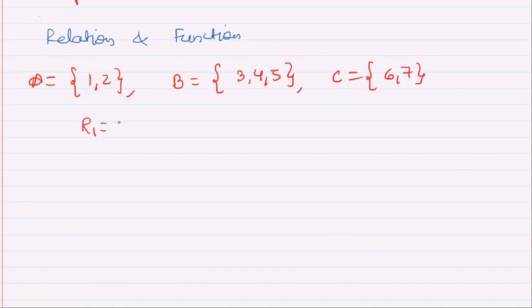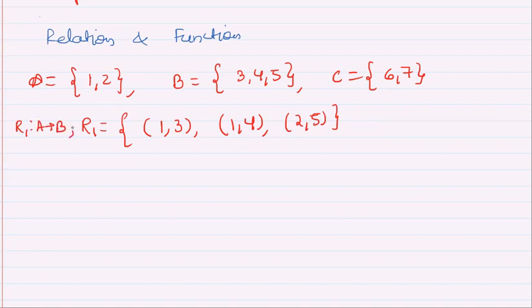The relation R1 is {(1,3), (1,4), (2,5)}, so R1 is from A to B, and then R2 is from A to C. It is defined like {(1,6), (2,7)}.